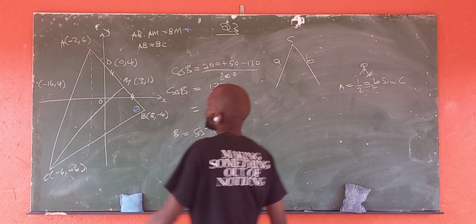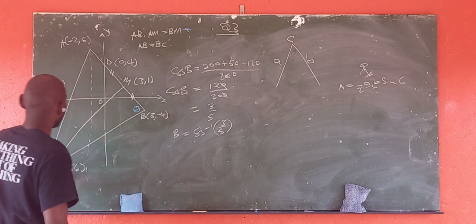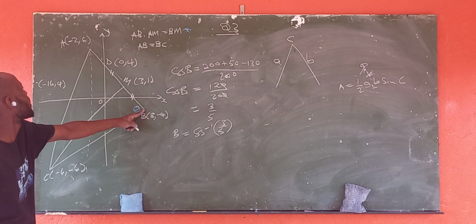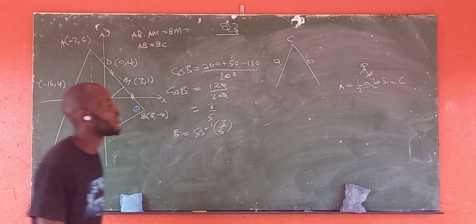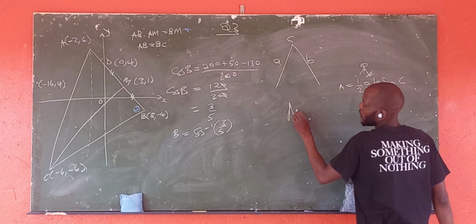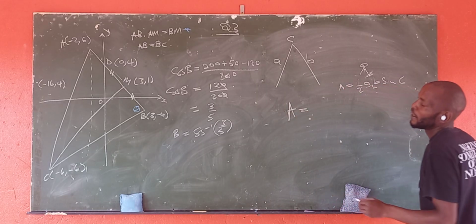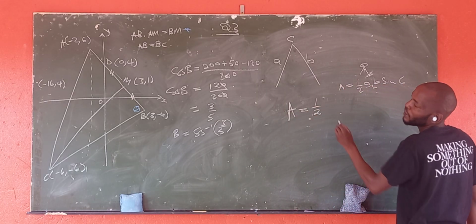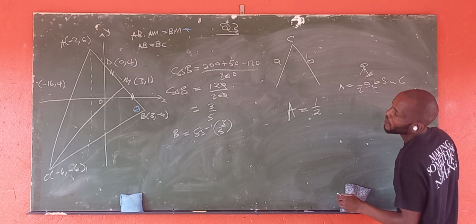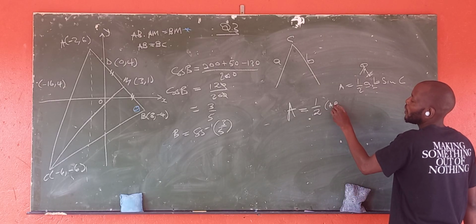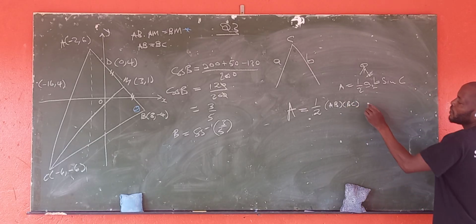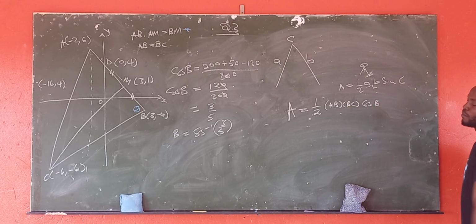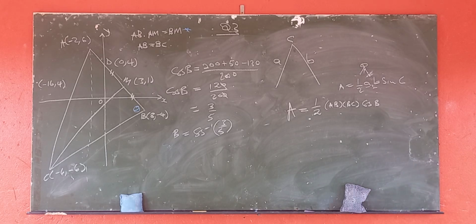So for the area of the whole triangle ABC, we have the side AB, which we know, and BC, and then we have the angle in between them. So the area would be half of AB multiplied by BC, and then the sine of B, the angle between the two sides.